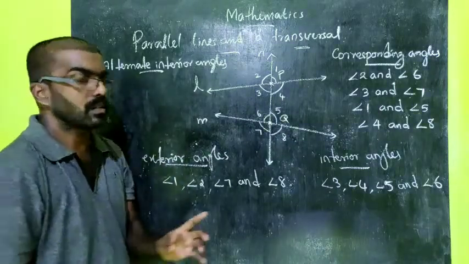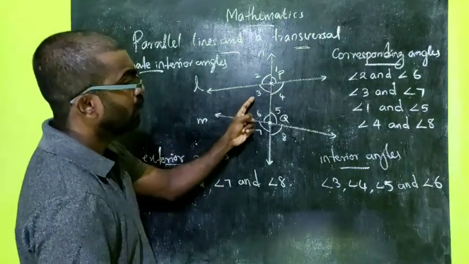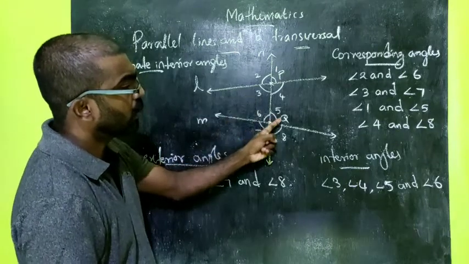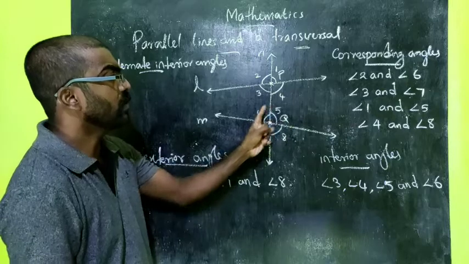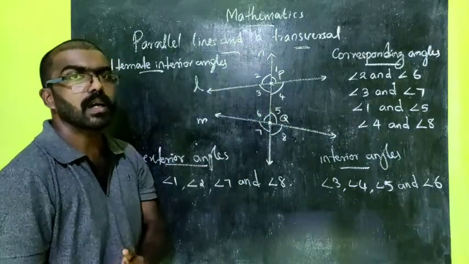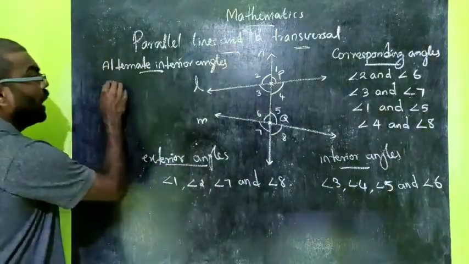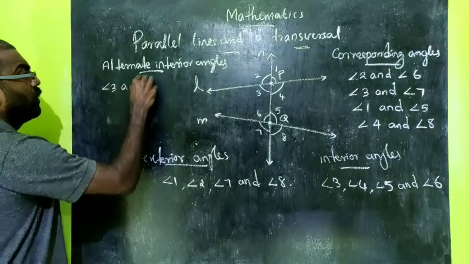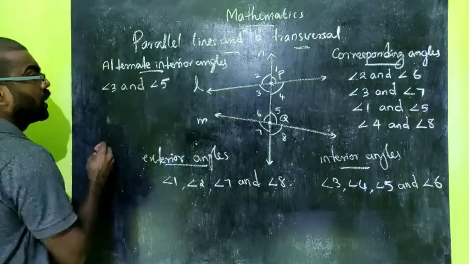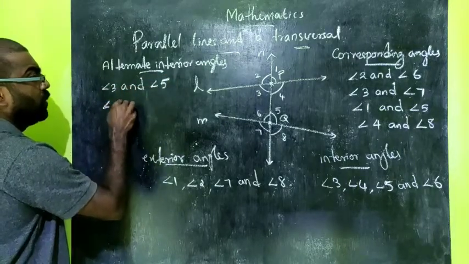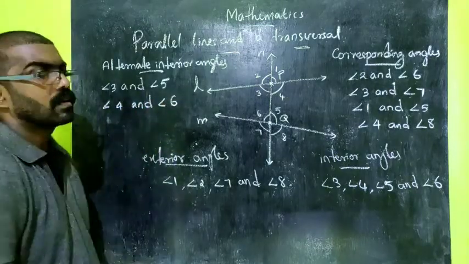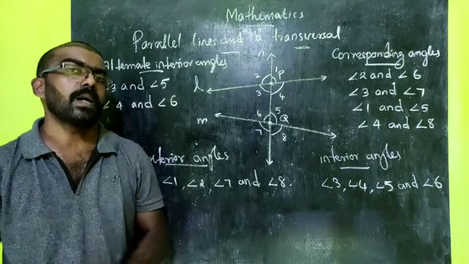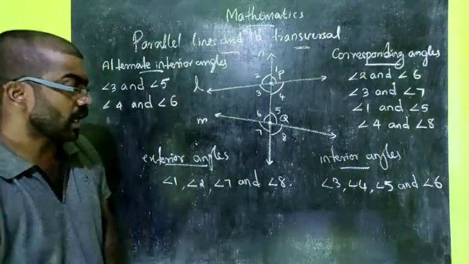For alternate interior angles, you have to take angle 3 and 5. These are alternate interior angles. And 4 and 6 is another pair of alternate angles. So angle 3 and angle 5, then the second pair is angle 4 and angle 6.